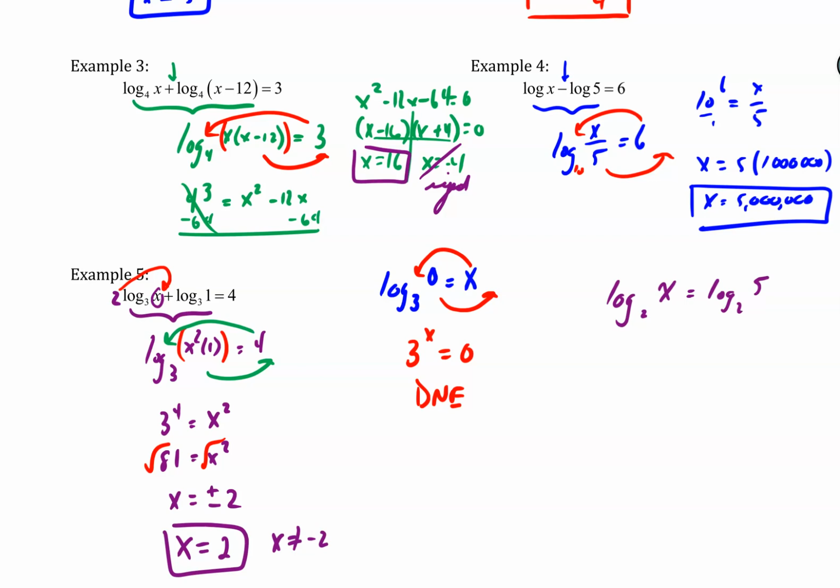As long as I have a log equal to a log with the same bases, I can drop the logs and just set the two terms equal to each other. So in this case, x would be 5.